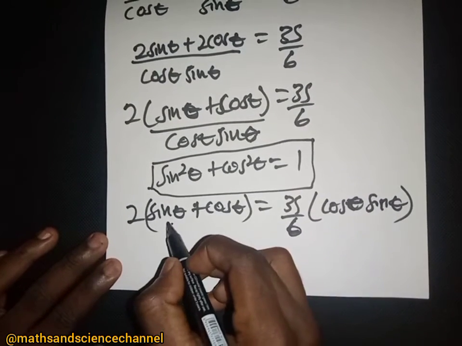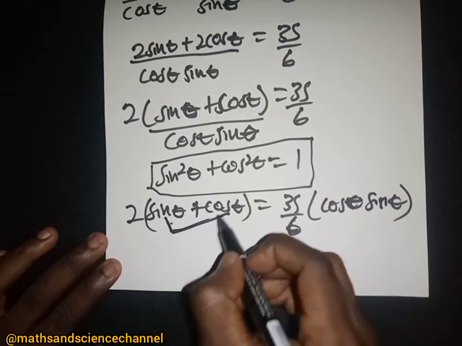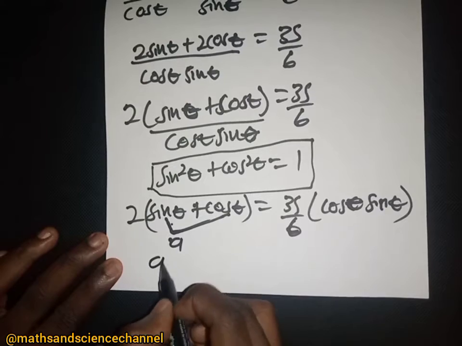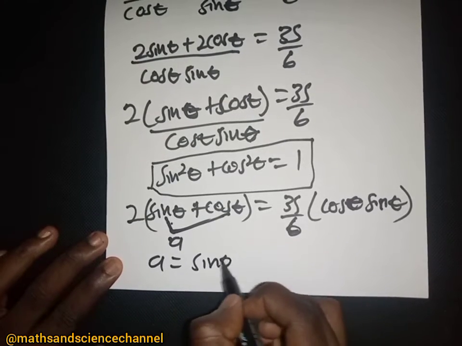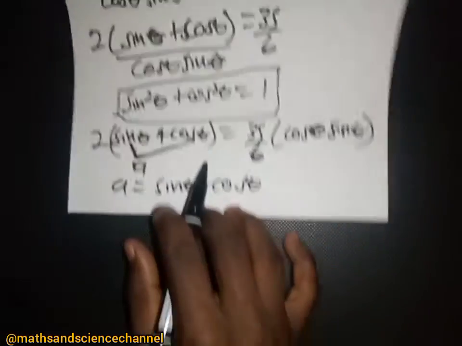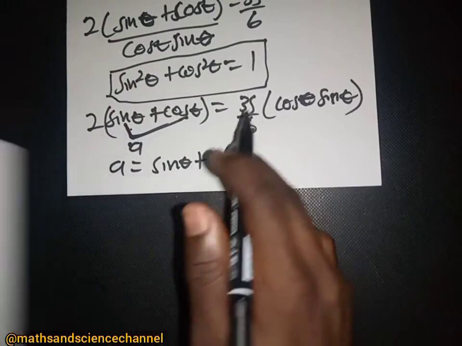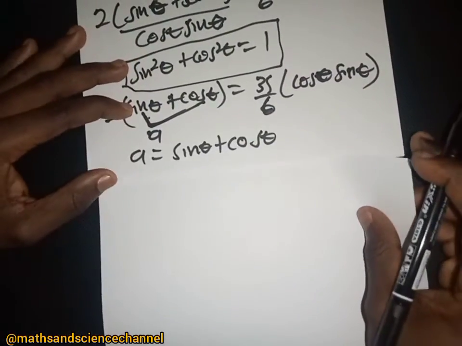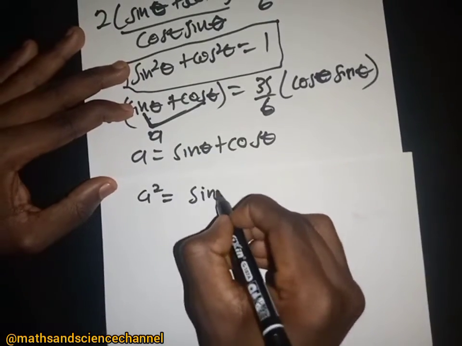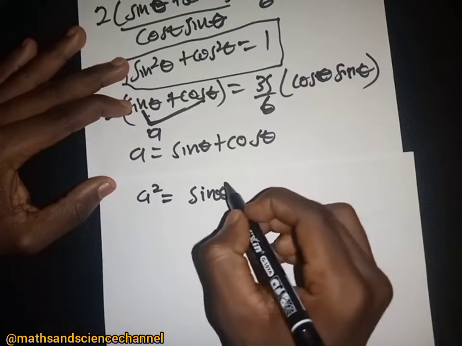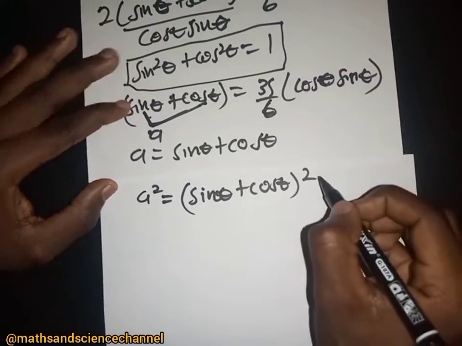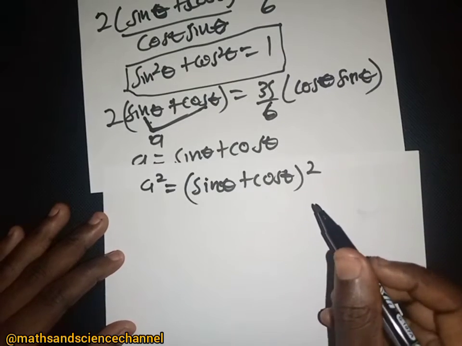So let's set this to a variable, let's say a. So if a is equal to sin theta plus cos theta, then let's square a. When we square a, we get sin theta plus cos theta all squared.